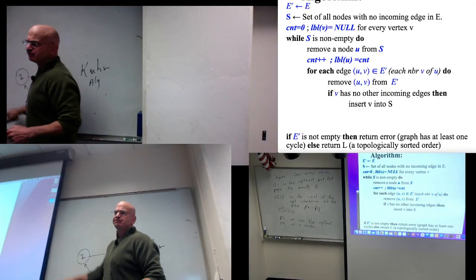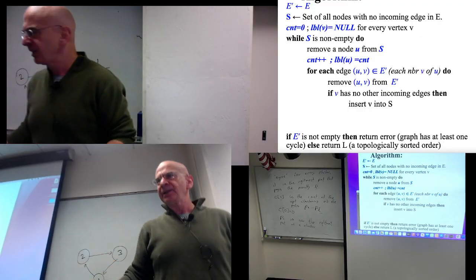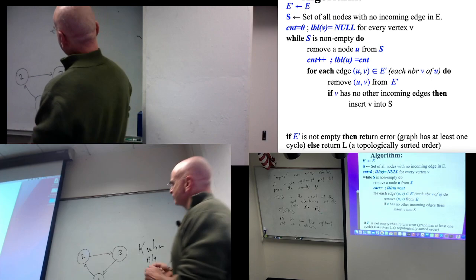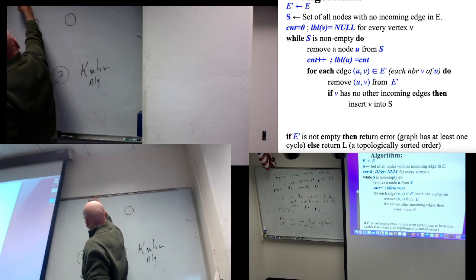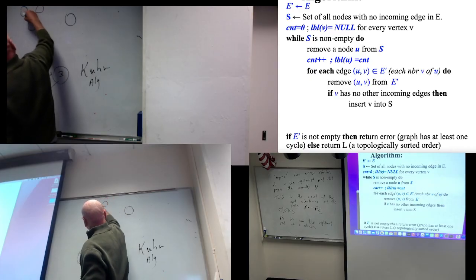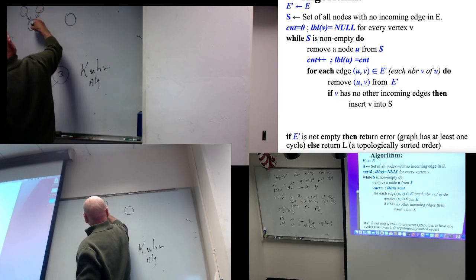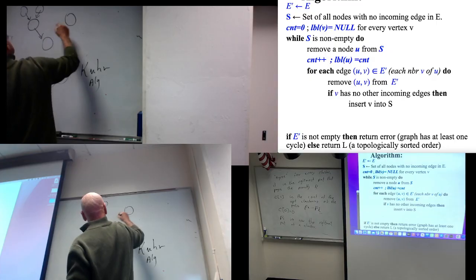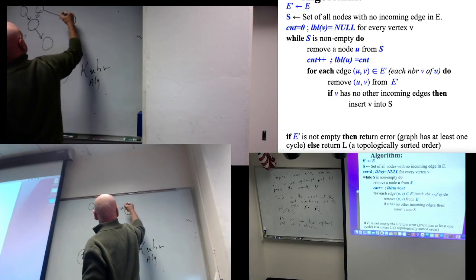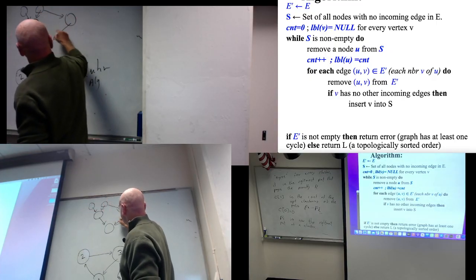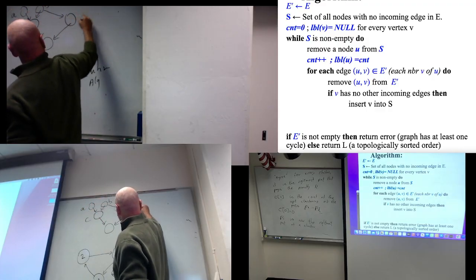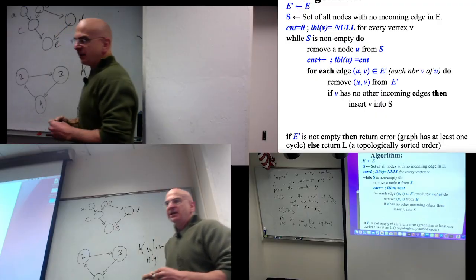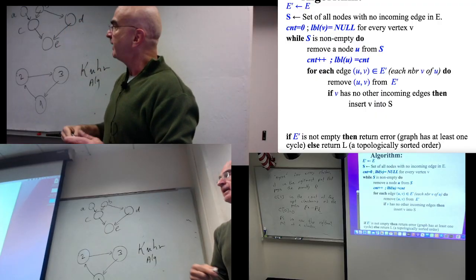You can use DFS. I think that it's more intuitive to use Kahn. Here is my graph, A, B, C, D, E. And Kahn's algorithm runs in linear time.